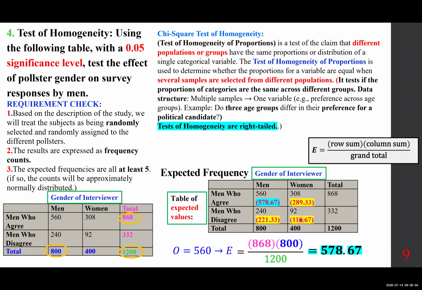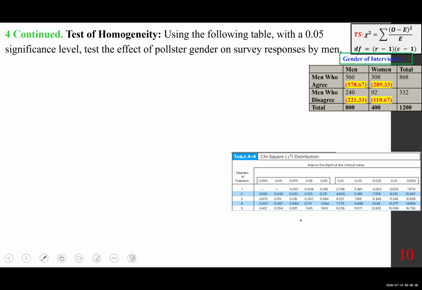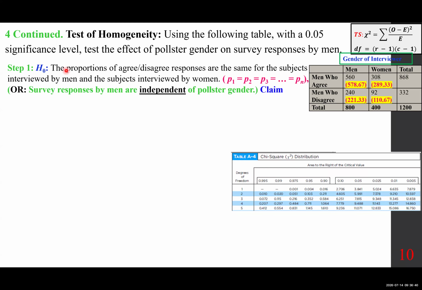Having said that, let's do the test. And we start with H0. The proportions of agree-disagree responses are the same for all subjects interviewed by men and the subjects interviewed by women. In other words, p1, p2, p3, all the way to however many. In this case, there were only 4 groups.